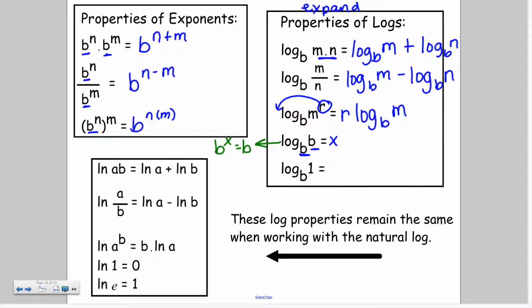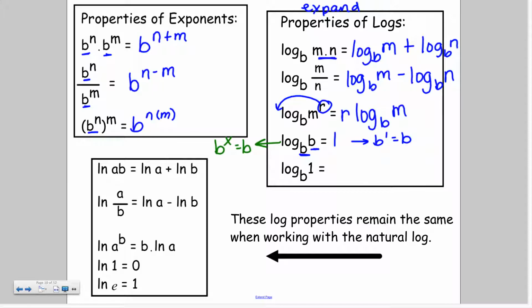Anything raised to the first power. So at this point right here, whenever you have log base of a number and the base and the number are the same, it's going to equal 1. So b to the first is equal to b. Anything raised to the first power is itself.